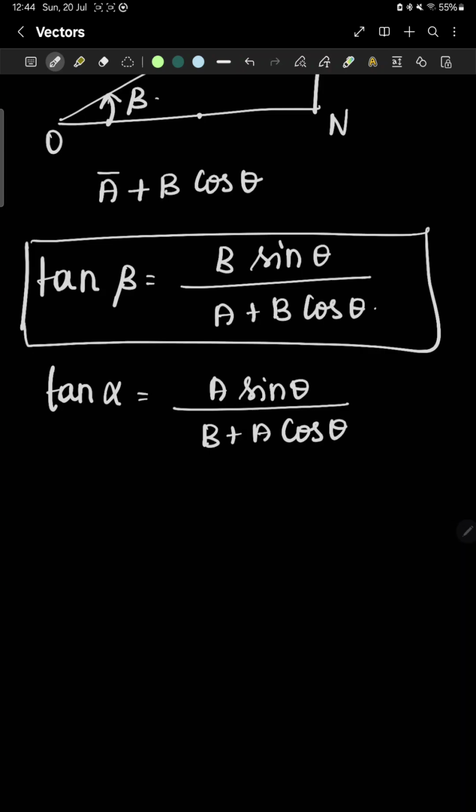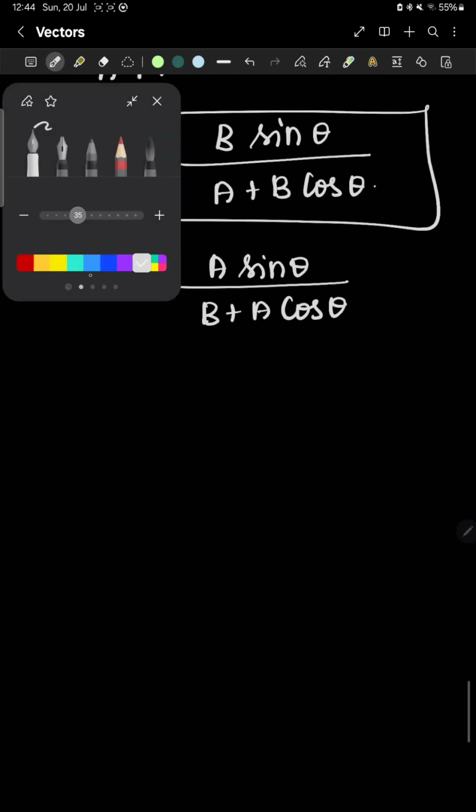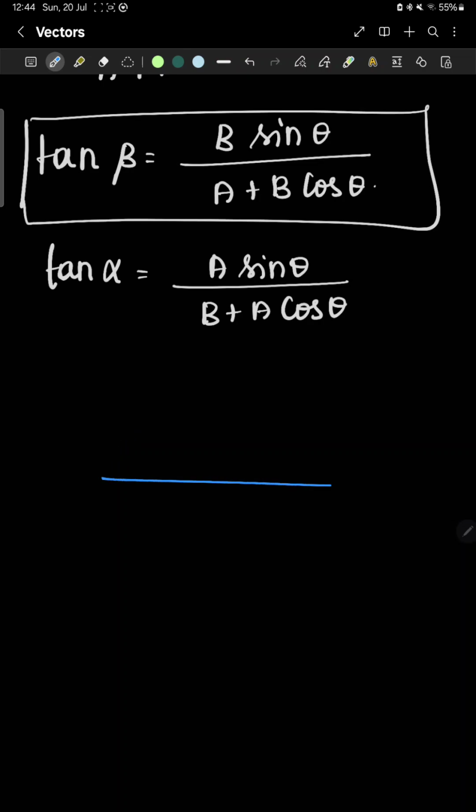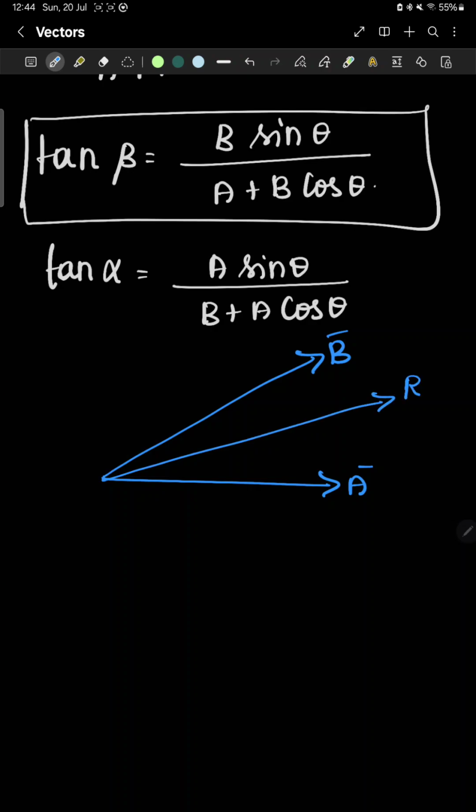We are just swapping the vectors, so I am redrawing it again. If I consider this as A vector and here it is B vector, the resultant vector will be the diagonal of the parallelogram made by taking the A vector and B vector as the adjacent sides.